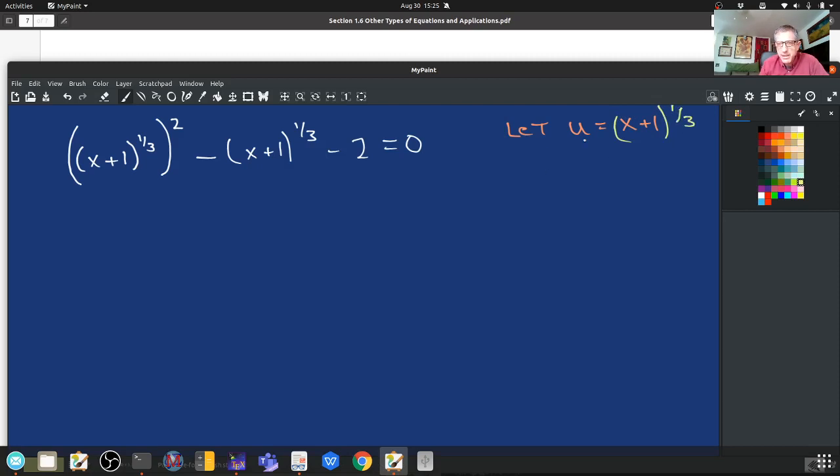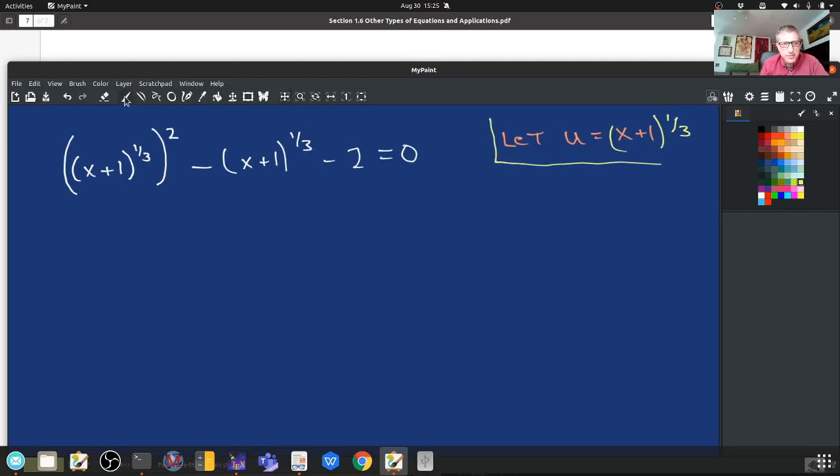There we go. So let u equal x plus 1 to the 1/3, and that's stuff that we want to remember. Then I can rewrite this as x plus 1 to the 1/3 is u, and that term is squared. x plus 1 to the 1/3 is u, minus 2 is equal to 0.